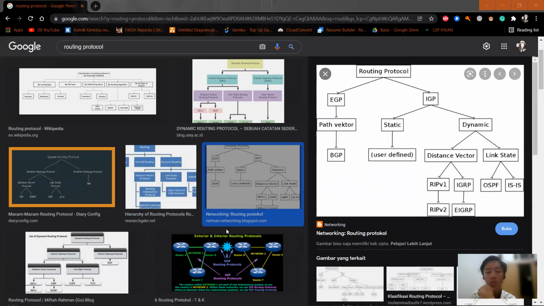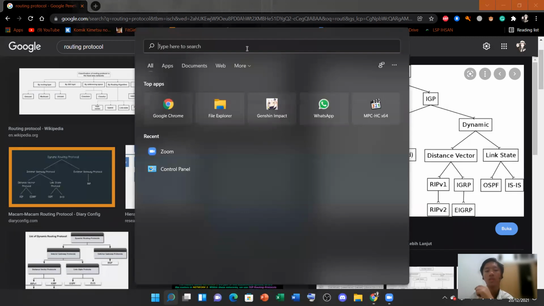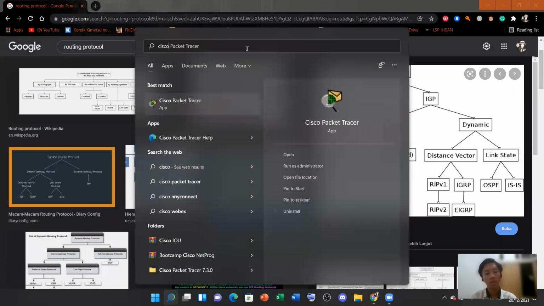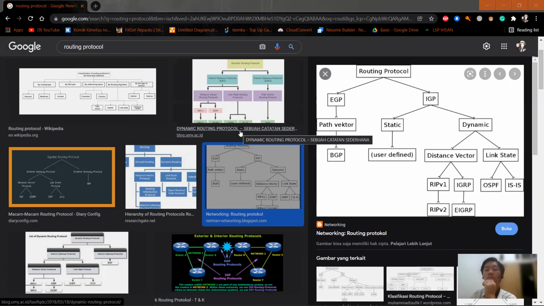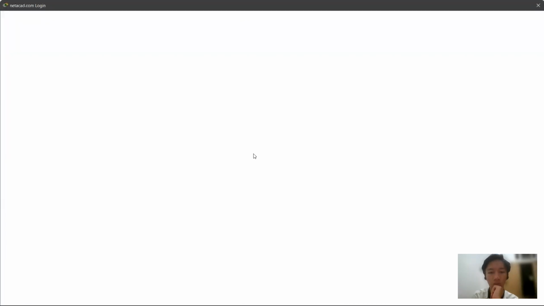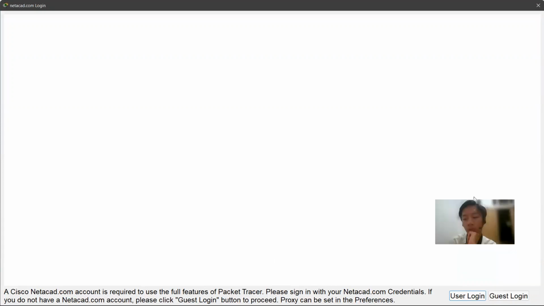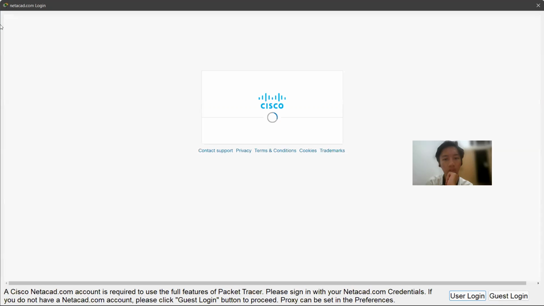Okay, now I want to configure routing static. How to configure routing static? We open Cisco Packet Tracer first. Before, I forgot to explain this one.